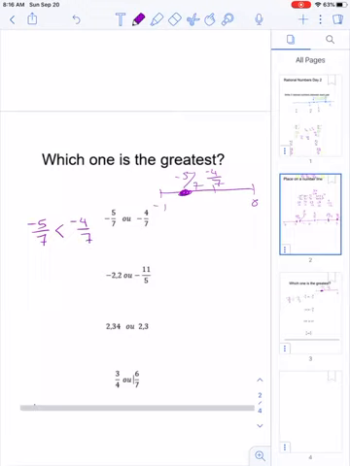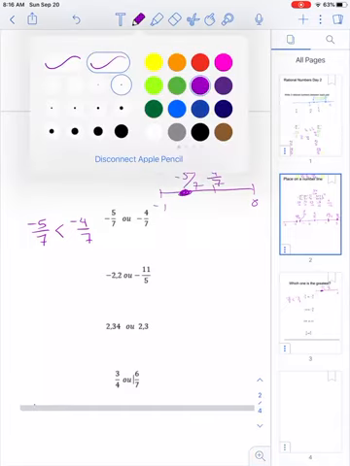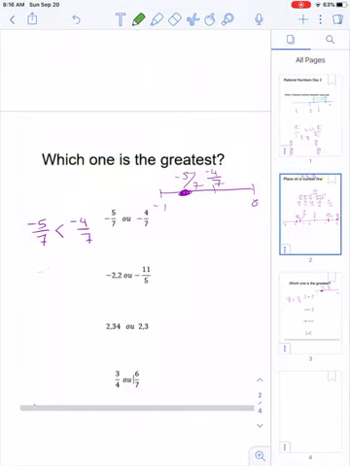If I have a decimal and a fraction, I can turn my decimal into a fraction. So negative 2.2, where the number before my decimal I put a 1 and here I put a 2. Erase this and it gives me negative 22 over 10, which I can simplify to negative 11 over 5.